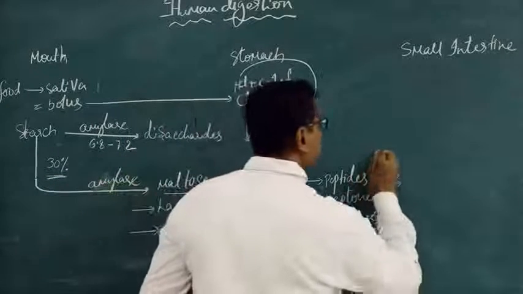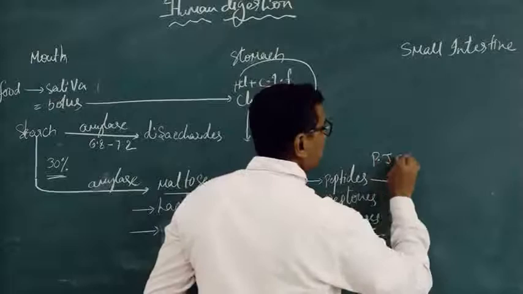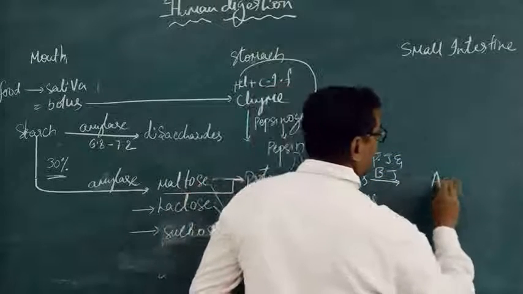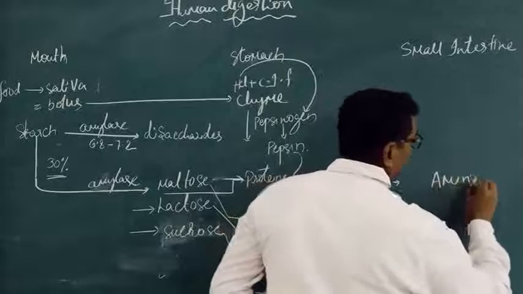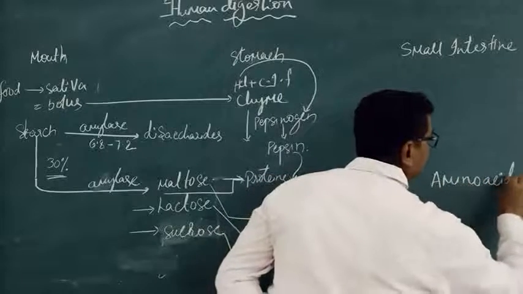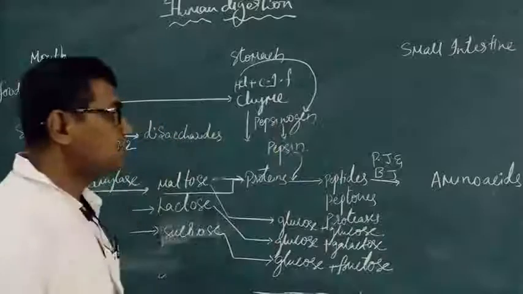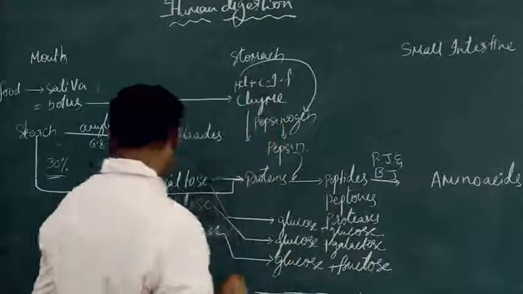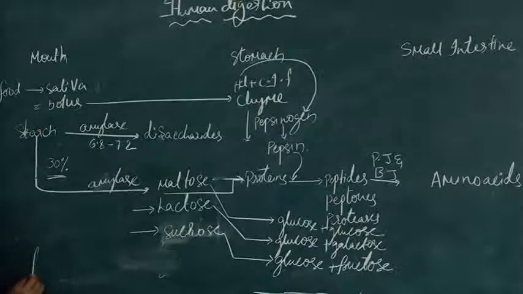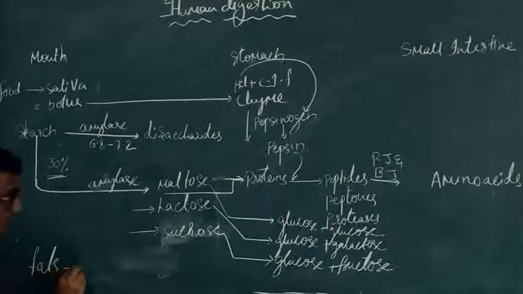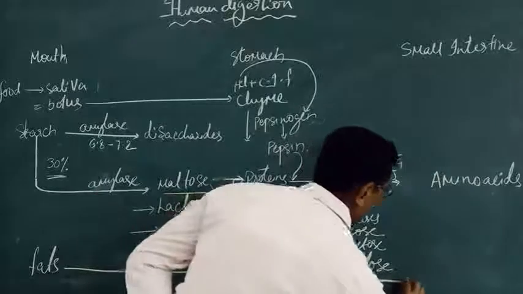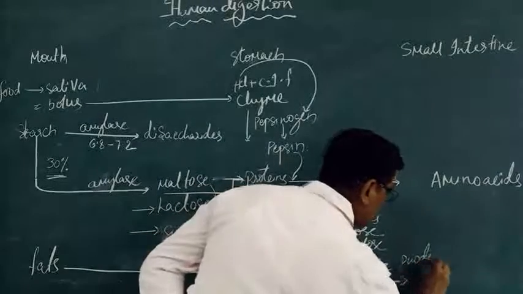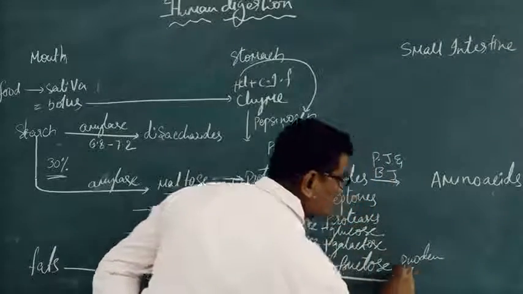There it is subjected to pancreatic juice and bile juice, and these are converted to amino acids. At the same time the fats will enter without digestion into the small intestine, that is the duodenum, and are subjected to bile juice.